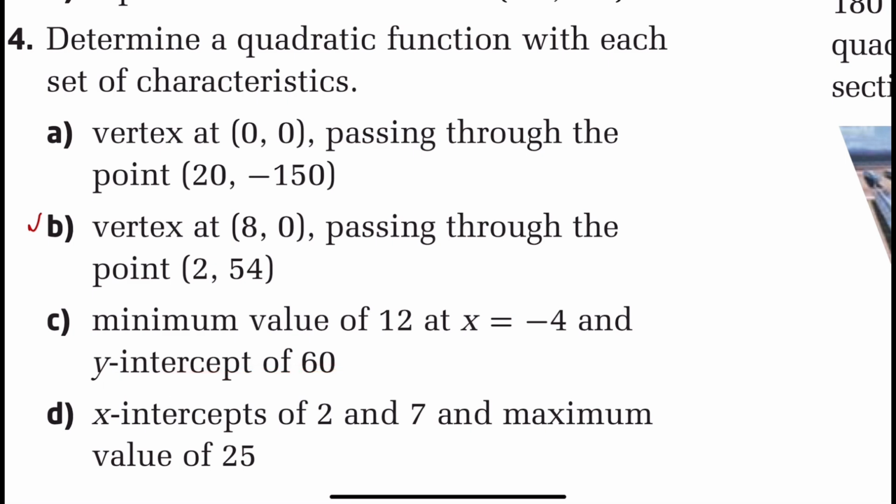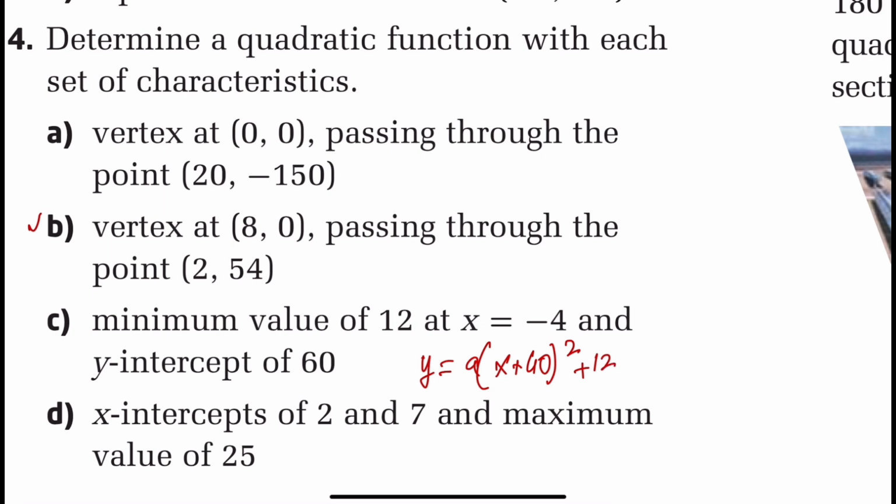So from here you can say that your equation is y is equal to a times x plus 4, because it's minus 4, so (x + 4) squared plus 12.